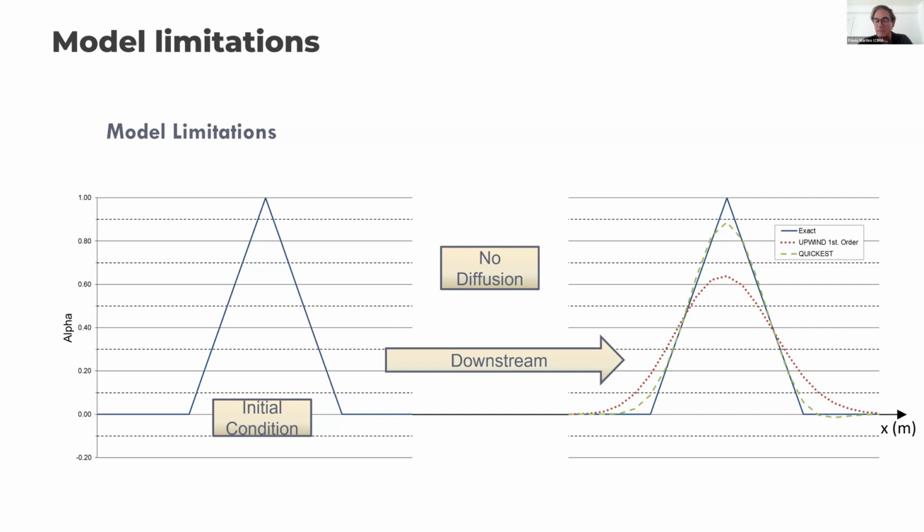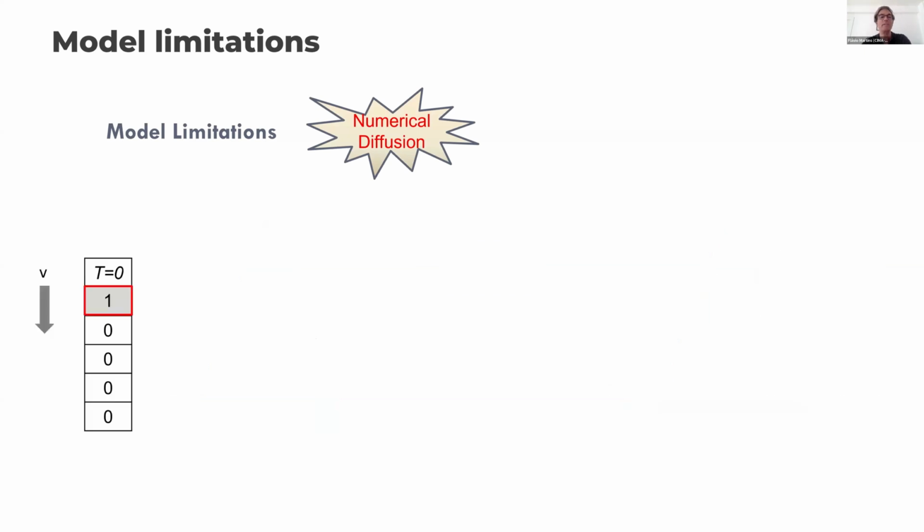I will explain very easily why this happens. Imagine, for the sake of simplicity, that you have the channel, okay? Instead of the triangle, you say that the concentration is 1 in the first cell and it's 0 in the rest of the channel, okay?